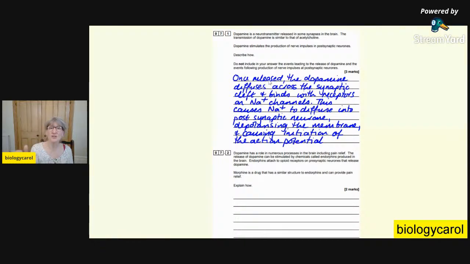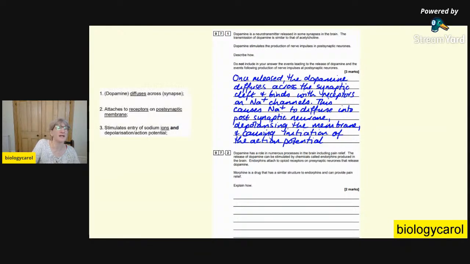That dopamine diffuses across the synaptic cleft, binds with receptors on the sodium ion channels on the postsynaptic neuron, and this causes sodium ions to diffuse into the postsynaptic neuron, depolarizing the membrane and causing the initiation of an action potential. And I'm thinking, I've nailed it. Dopamine diffuses across, yeah, fine, got that. They didn't even require a synaptic cleft.